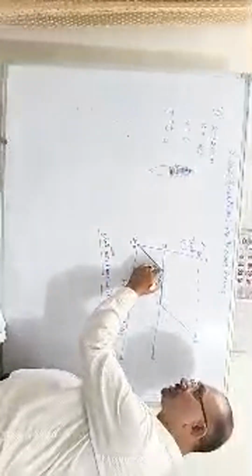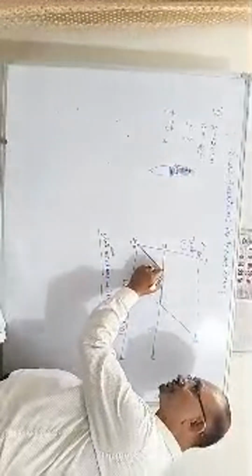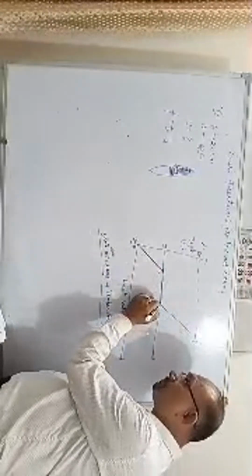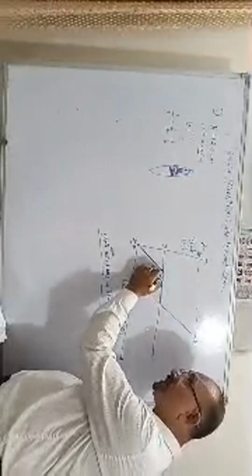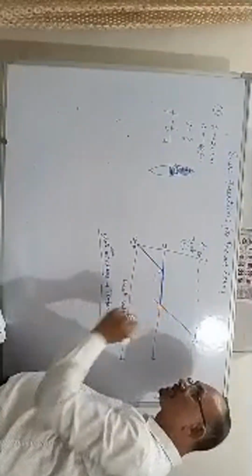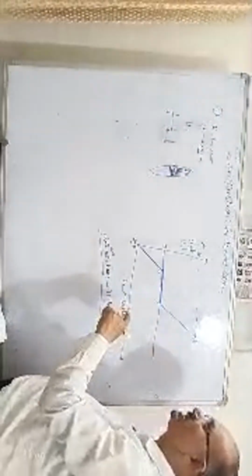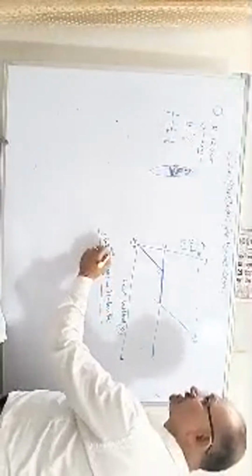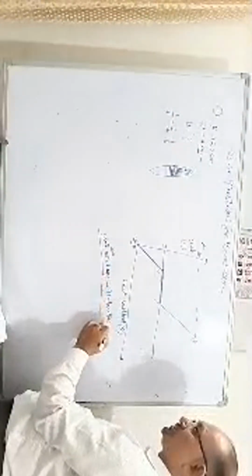Here you look: temperature 0 at point B, temperature 0 at point C also, but the state changes while the temperature does not change. That is a state change. When the state changes, the temperature does not change. Here the state does not change, the temperature changes.